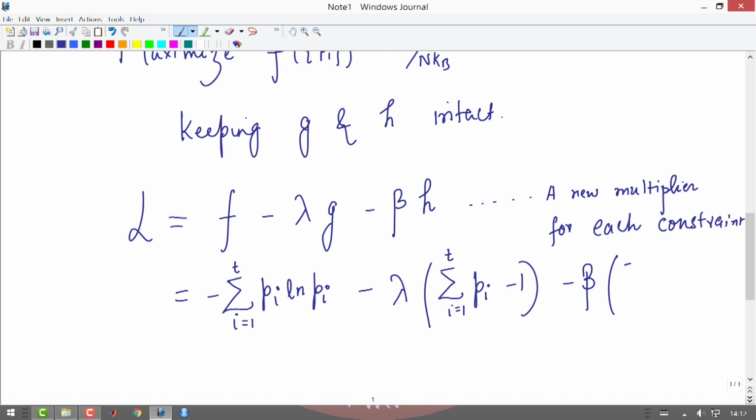That is summation i going from 1 to t of epsilon_i, the outcome of each face, times the probability of each face, minus the average value itself.